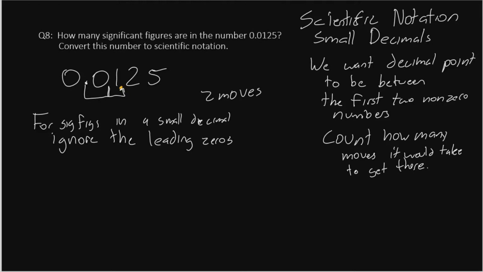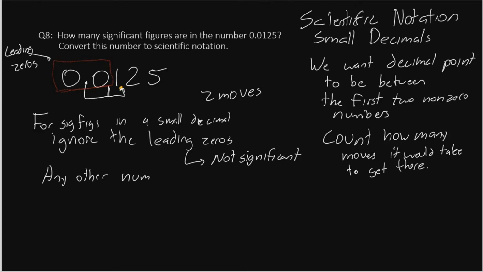On the left, you'll see this little string of zeros right here before we actually get to the number. Those two are what we call leading zeros, because the leading zeros are not significant. Any other zeros, or any numbers at all, are significant. So therefore, the 2 zeros I've boxed in won't count, but the 1, the 2, and the 5 will all be significant.